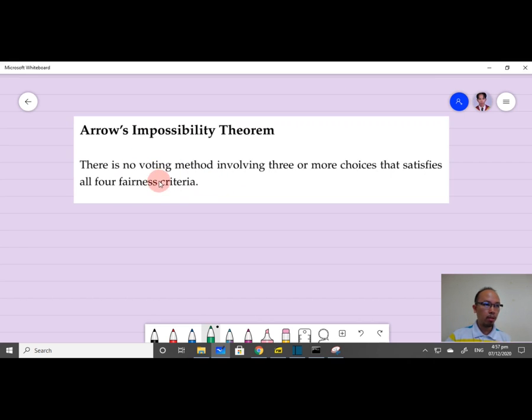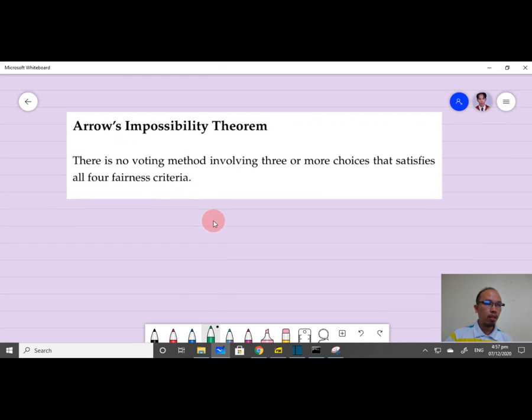Okay, this is what we mean by this theorem. Okay, and not only that, we cannot also construct a fair voting system for 3 or more candidates. Okay, so that's what we mean by this theorem.